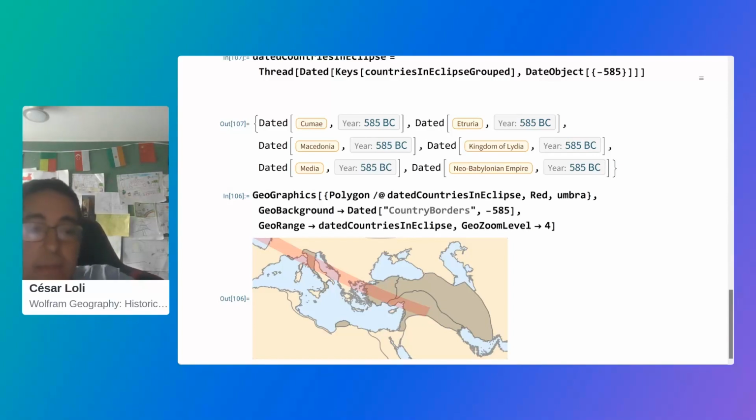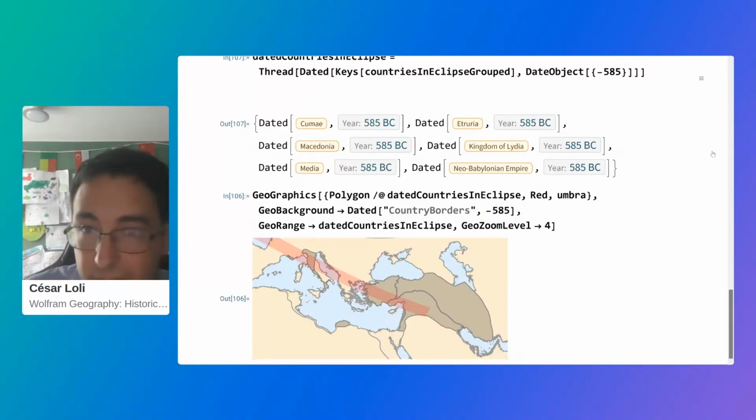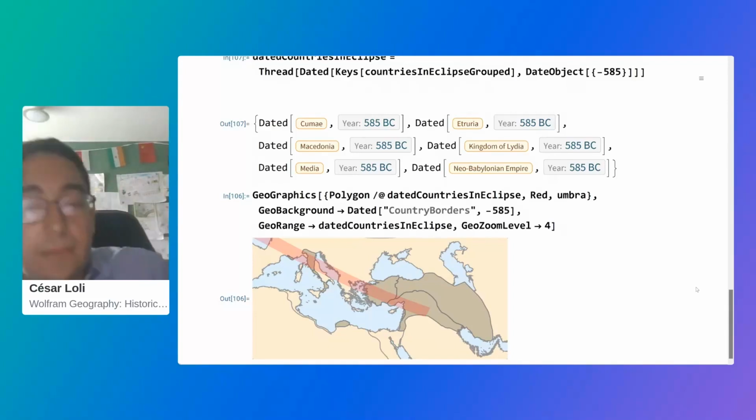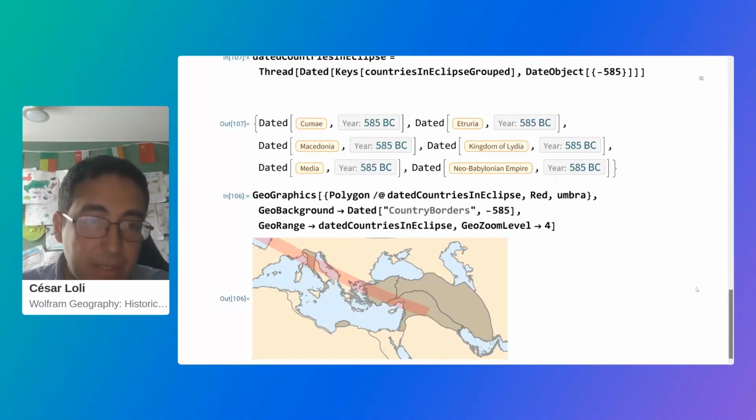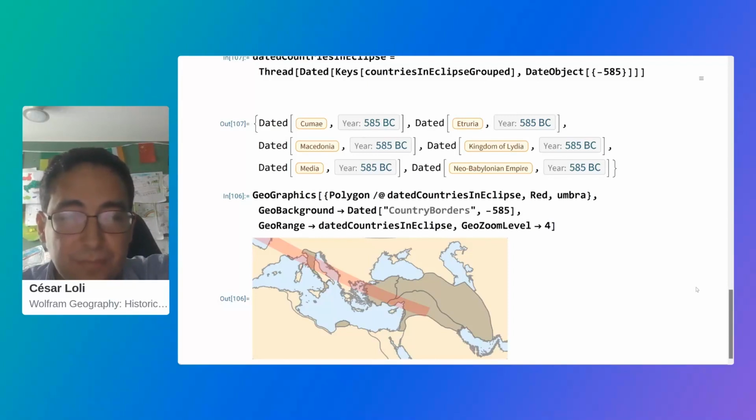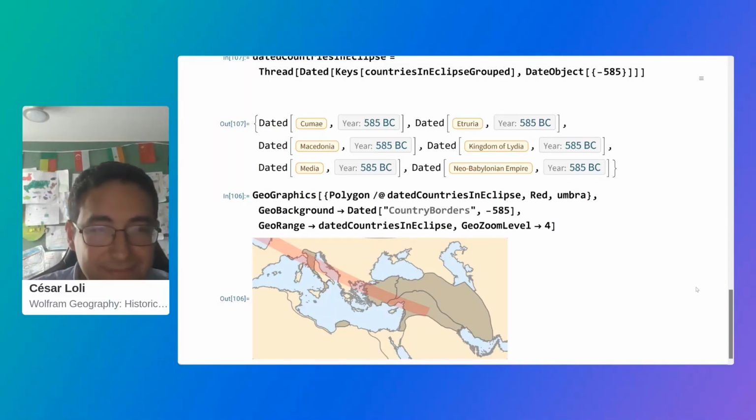Now, as I said, the point of all this was to combine the data we have already on historical stuff, and use the powerful functions we have for geographic calculations in order to make new computations that can give us a new perspective on history.